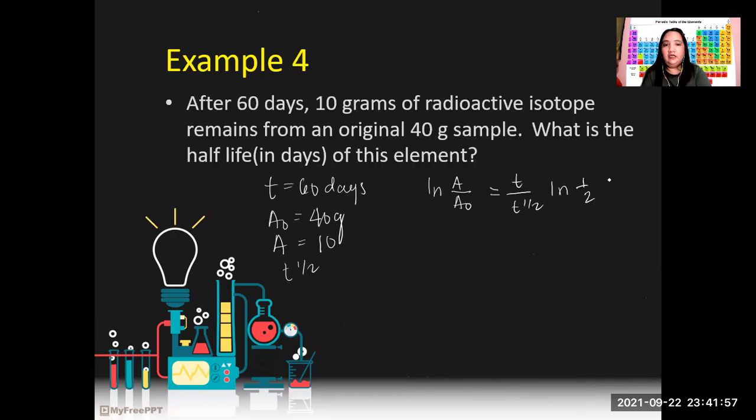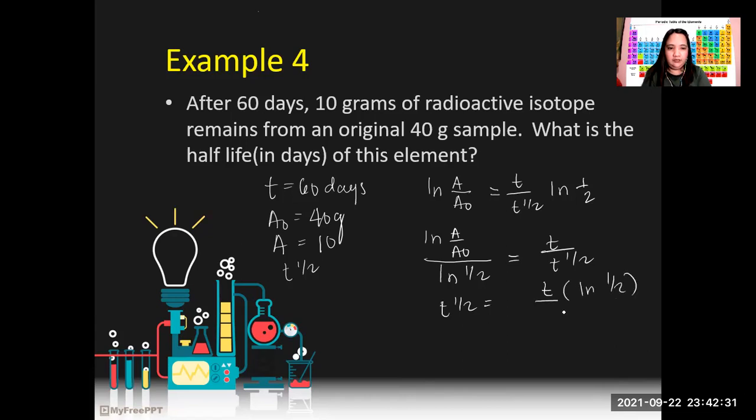So from this formula, you can already get t 1/2. So ln of A over A0 over ln of 1/2 is equal to t over t 1/2. And I would need t 1/2. Therefore, t 1/2 is equal to t times ln of 1/2 all over ln of A over A0.